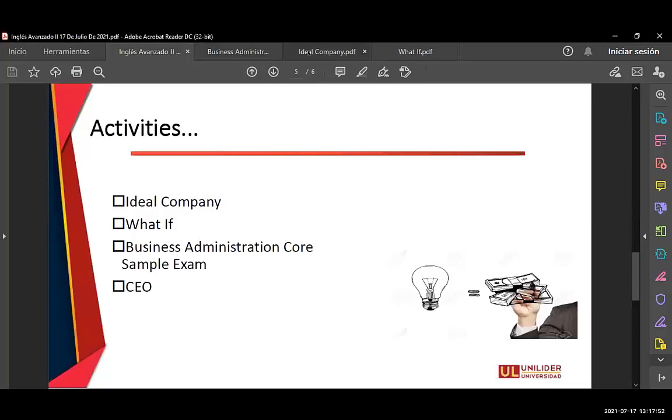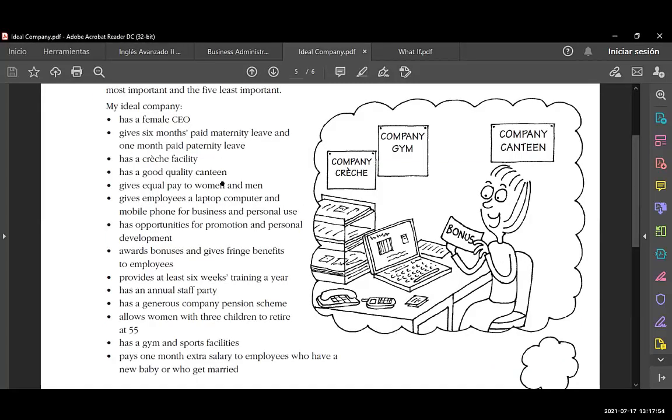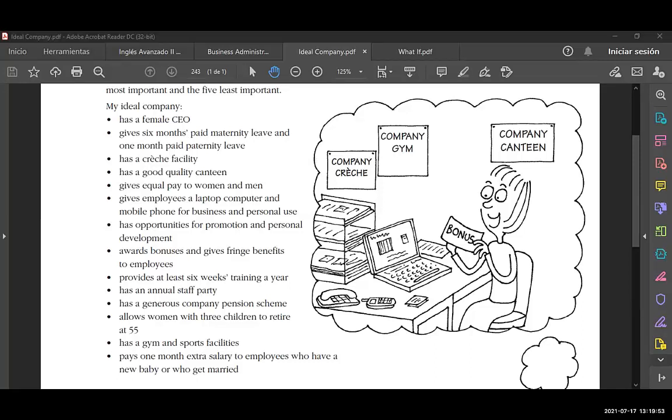This one, right? Company, the crèche, this one? Yes, teacher. Has a crèche facility means guardería. That comes from French. Okay, teacher, thank you. You're welcome.